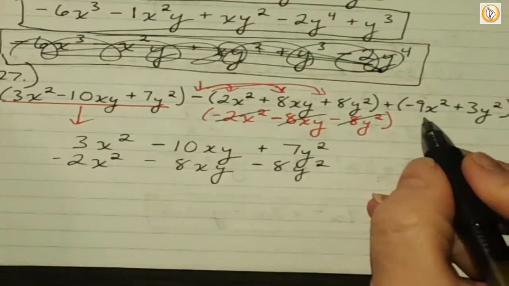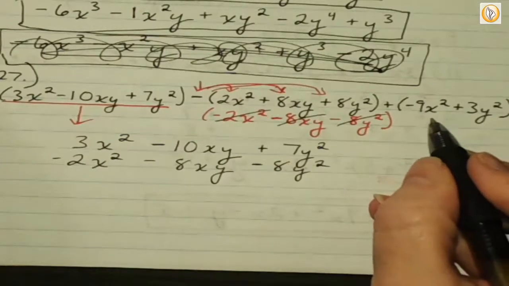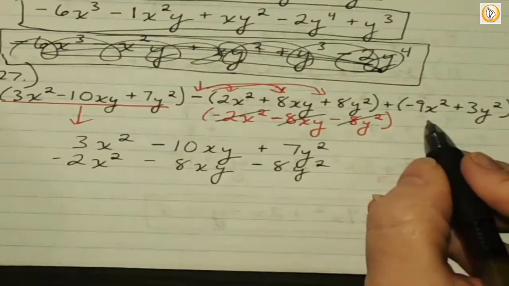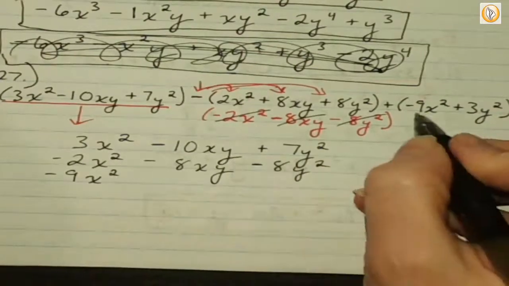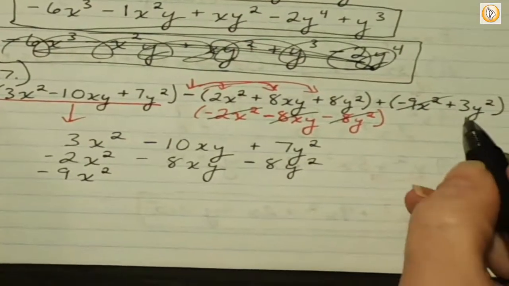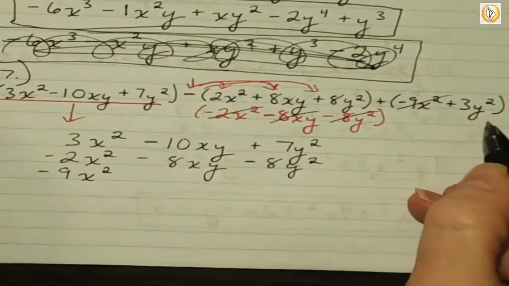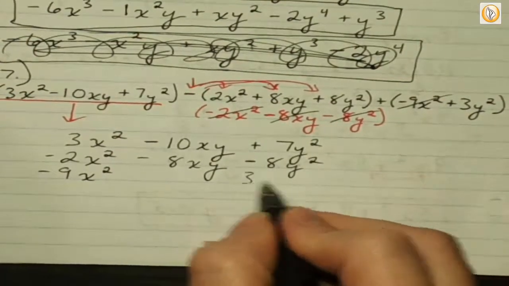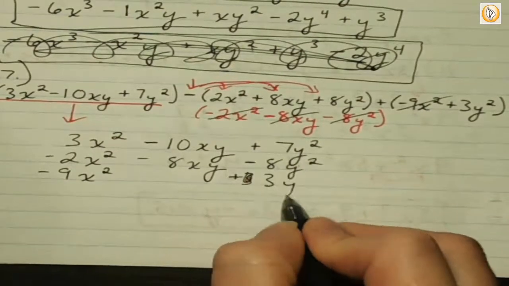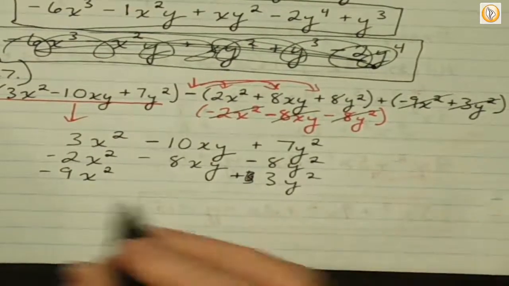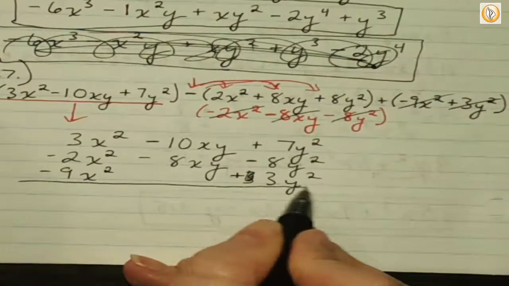Where does the negative 9x squared go? Under the negative 2x squared. Crossing it out. Where does the 3y squared go? Under the negative 8y squared. Whoops. That should be a plus 3y squared. Now we can start combining.